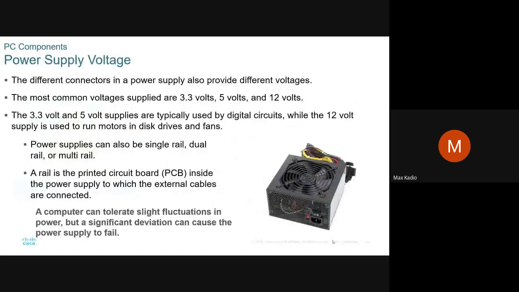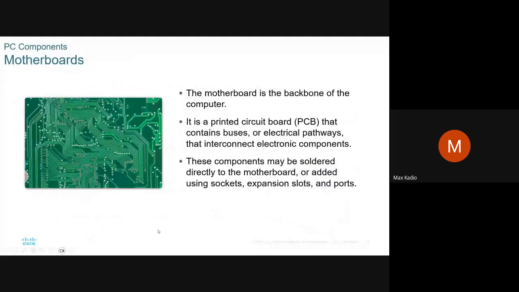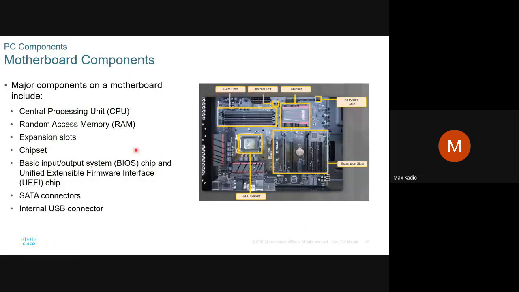So the motherboard, you should know what a motherboard is. Sometimes the color is green, sometimes blue, depending on the manufacturer. And the different sections of your motherboard: the CPU, the RAM to view, and other parts for you to know.